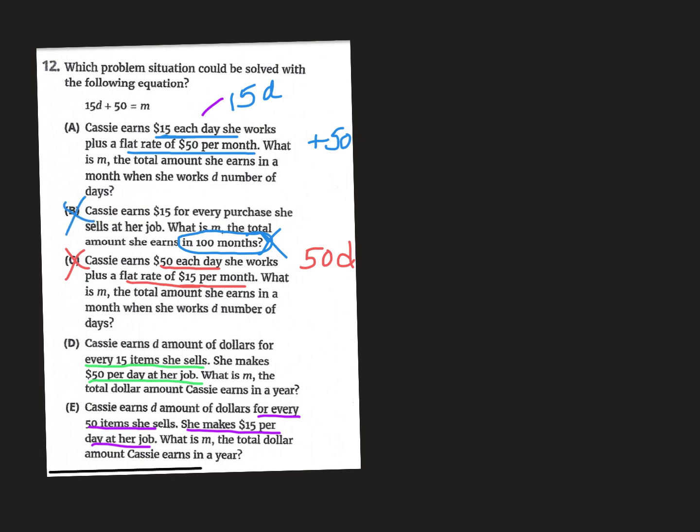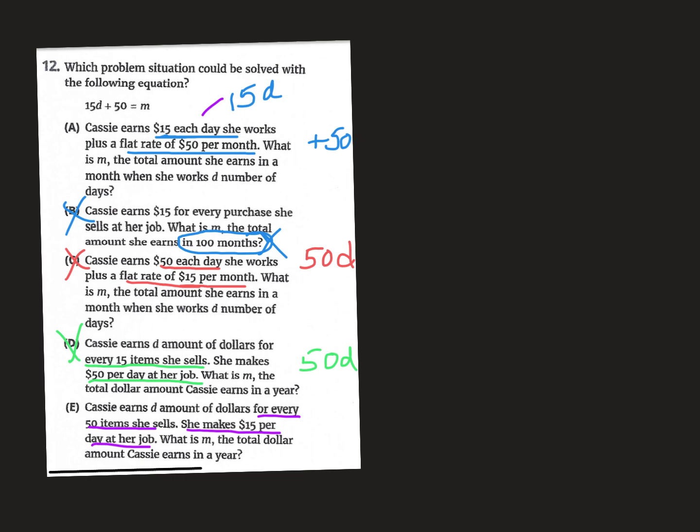Cassie earns D amount of dollars for every 15 items she sells. She makes $50 per day at her job. So there it is again, the $50 per day translates to 50D, and that cannot be the answer because it's 15D, not 50D.